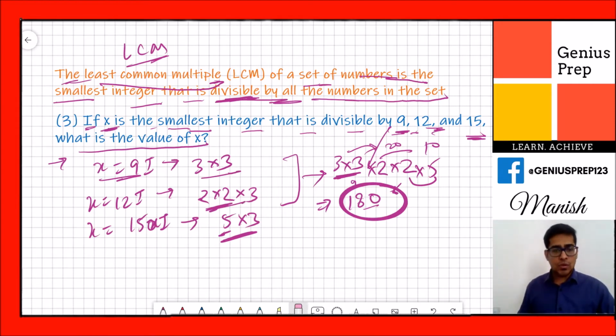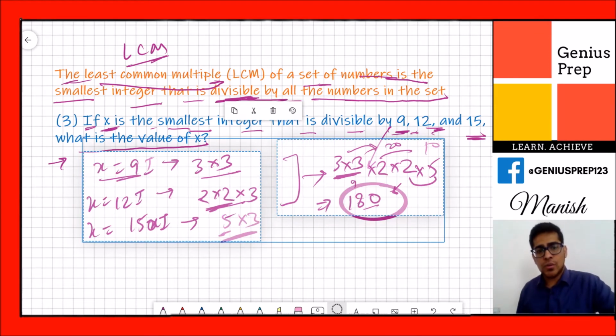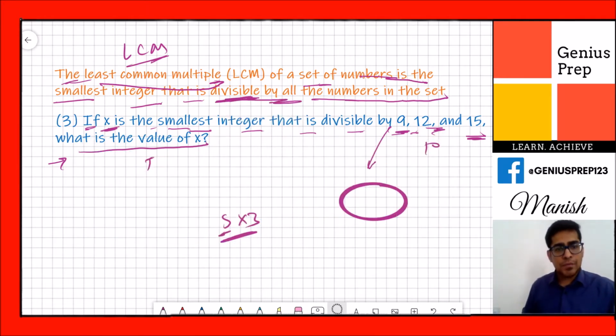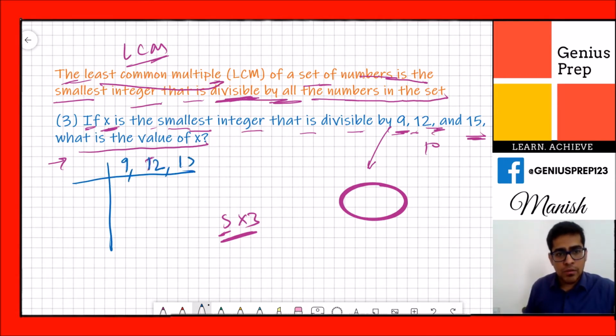But there is another way also. Just a minute, we need to delete these things so we can have more space. In that method, we will write the numbers as 9, 12, 15.